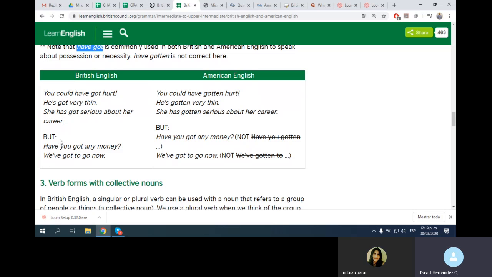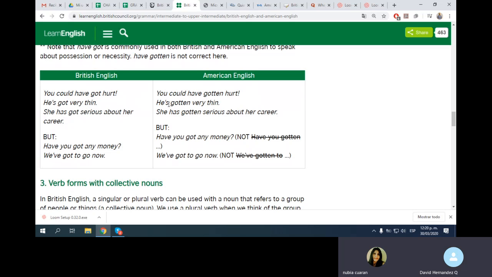Listo, aquí vemos en British English, dice, you could have got hurt, te pudiste haber lastimado. Y en American sería, you could have gotten hurt. That's very hard. He's gotten thin. ¿Sabes qué es thin? Delgado. Thin, delgado. So he's gotten very thin.